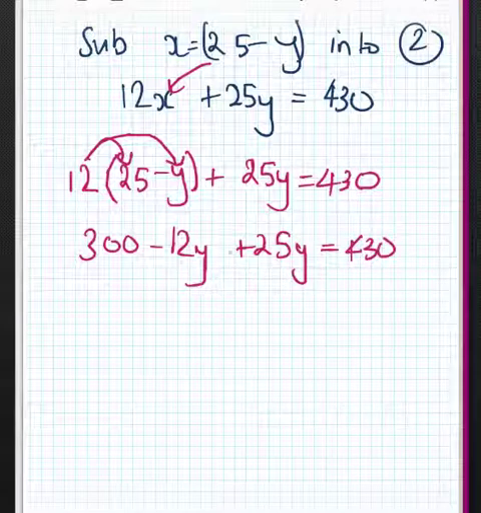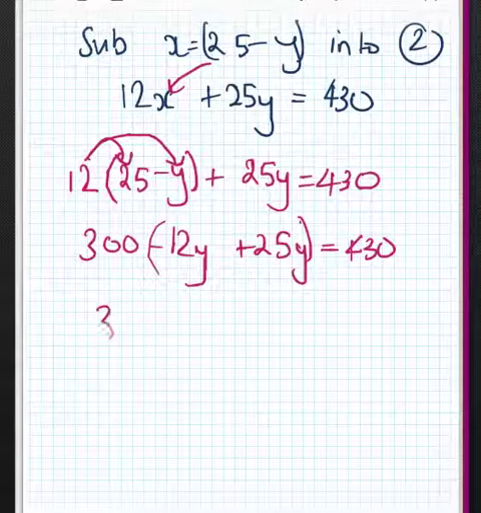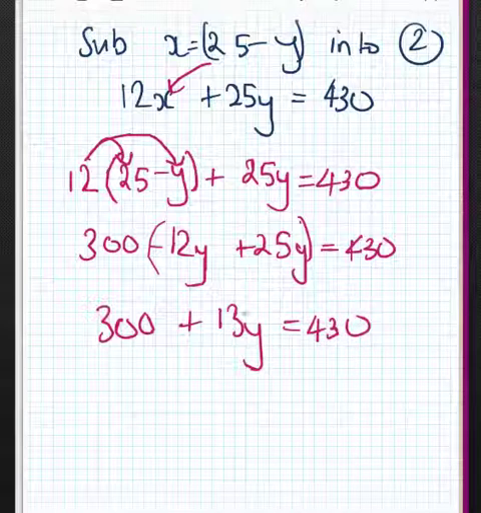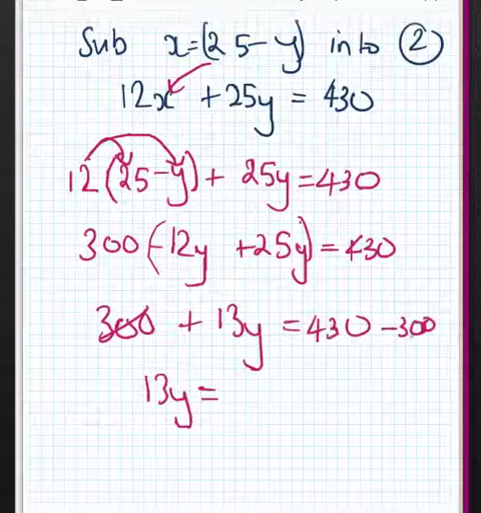I've got minus 12y plus 25y, so minus 12 plus 25 is a positive 13y, so 300 plus 13y equals 430. And now minus 300 on both sides. So 13y equals, what's 430 minus 300? Should be 130.